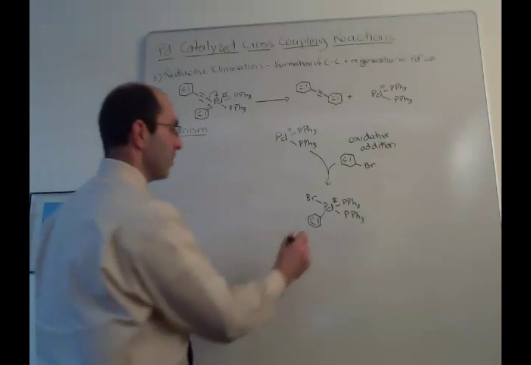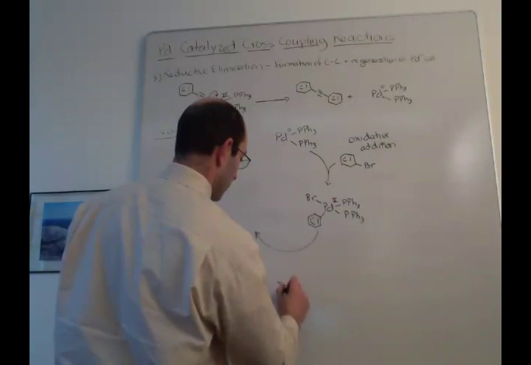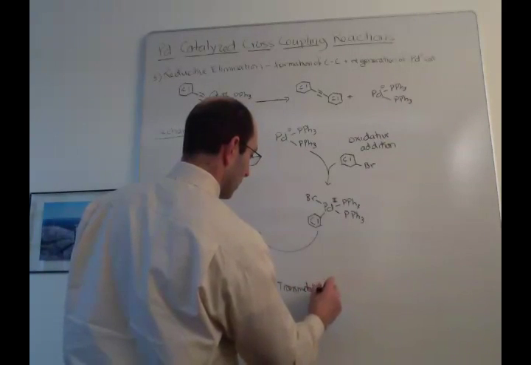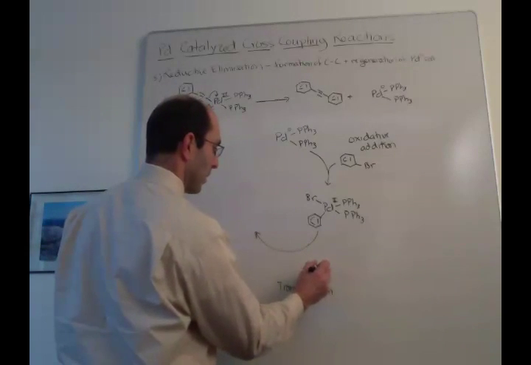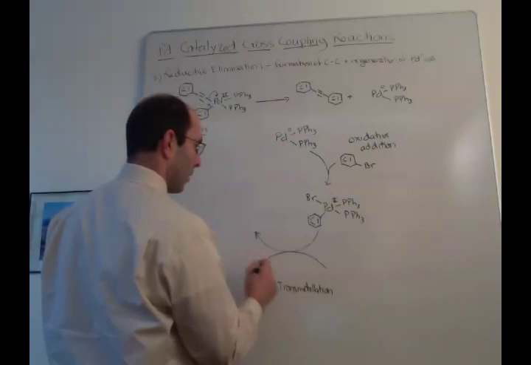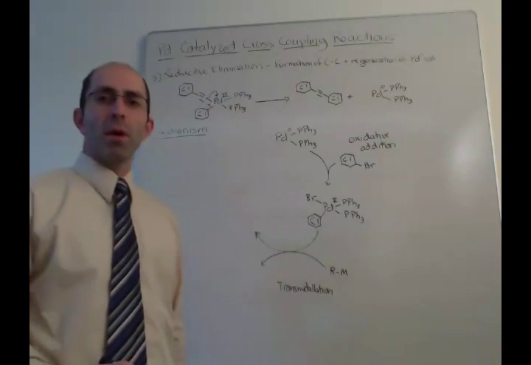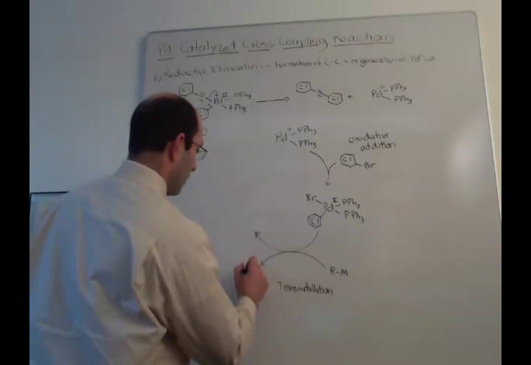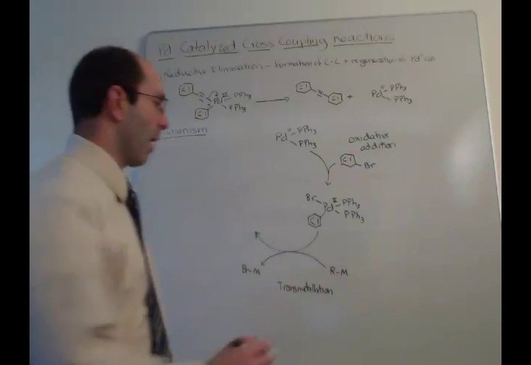The next step is going to be transmetallation. I'm just going to write this as a generic transmetallation, where we take some sort of R group attached to a metal. As we've talked about, we're going to use either copper, boron, or tin. And then over here, we're going to have bromine attached to the metal. Again, we'll talk about the specifics of what's happening here.